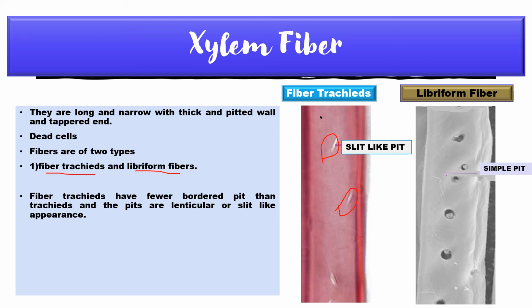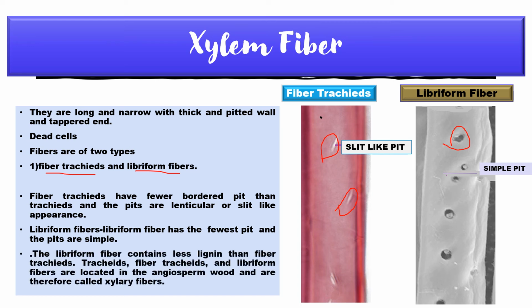Whereas in libriform fiber, the pits are of simple type. It also contains few pits. Libriform fiber contains less lignin than fiber tracheids. In angiosperms, fiber tracheids, libriform fibers and tracheids, all three together are known as xylary fibers.